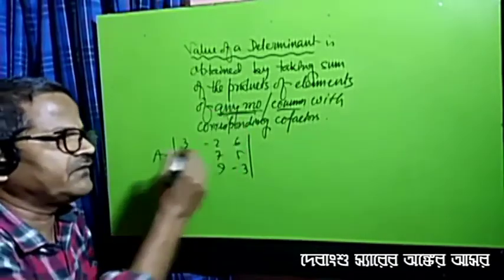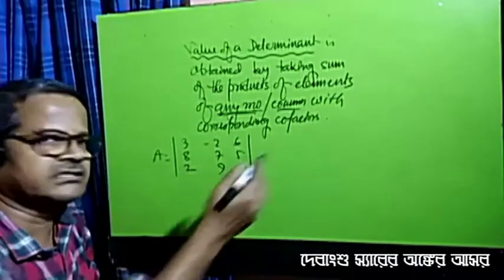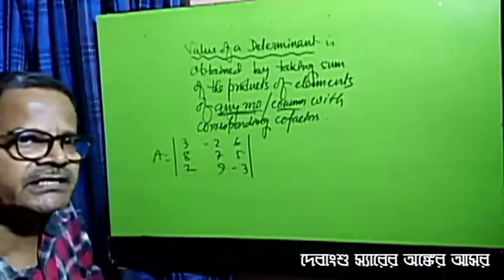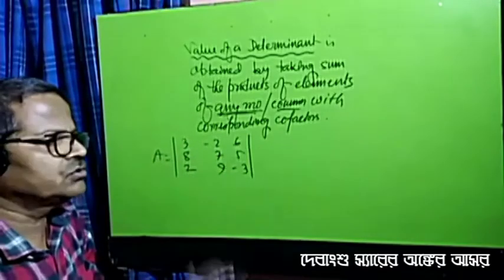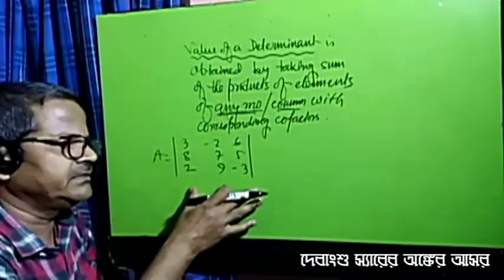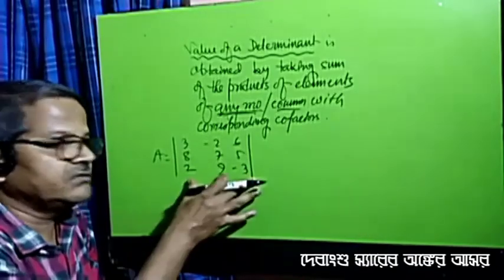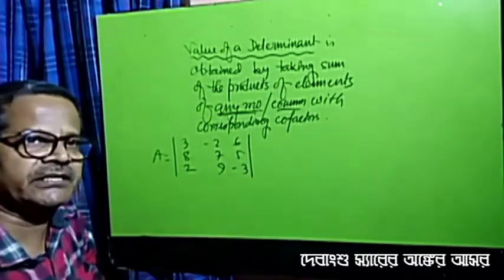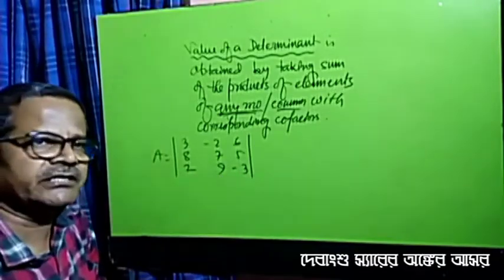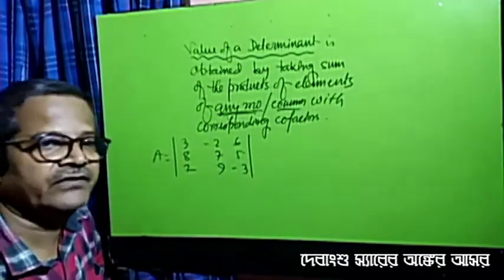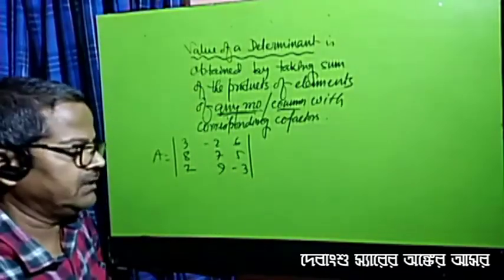Considering first row, second row, third row, first column, second column, third column. Since it is a third order determinant, we can expand it in 6 different ways. If it is a fourth order determinant, you can expand it in 8 different ways. So if it is an nth order determinant, we can expand in 2n different ways, and all the values are equal.